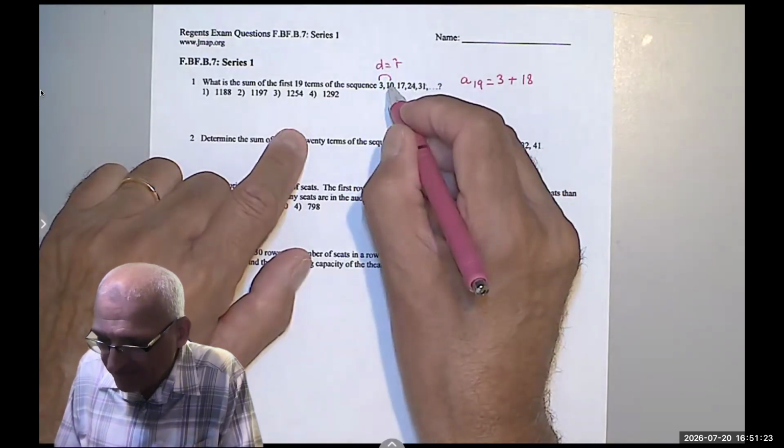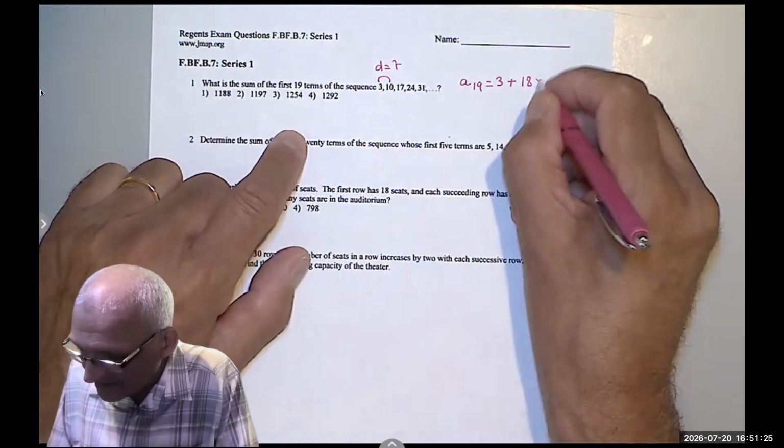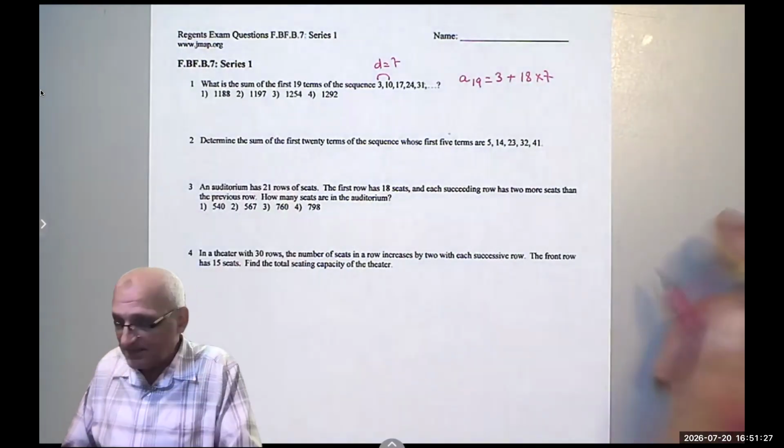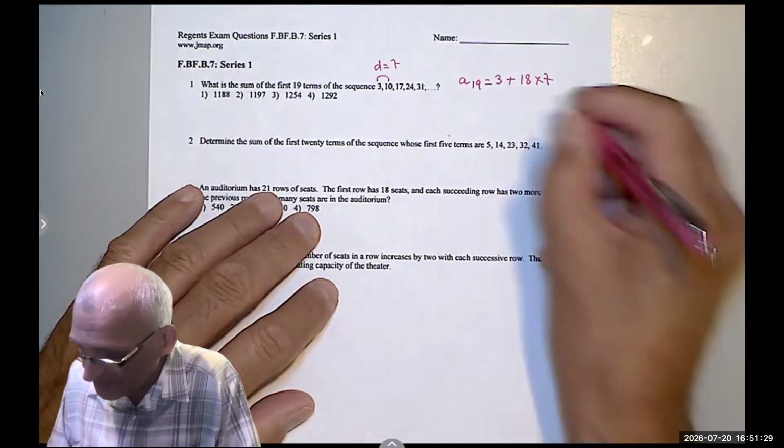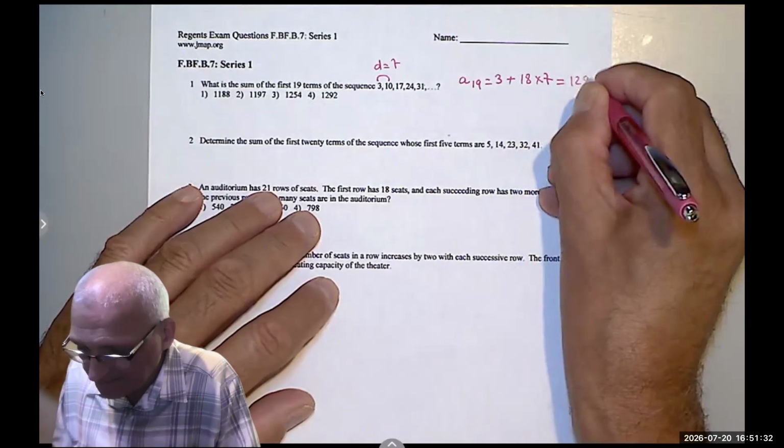17 minus 10 is 7. And also, so times 7. 7 times 18 is 126, plus 3 is 129.